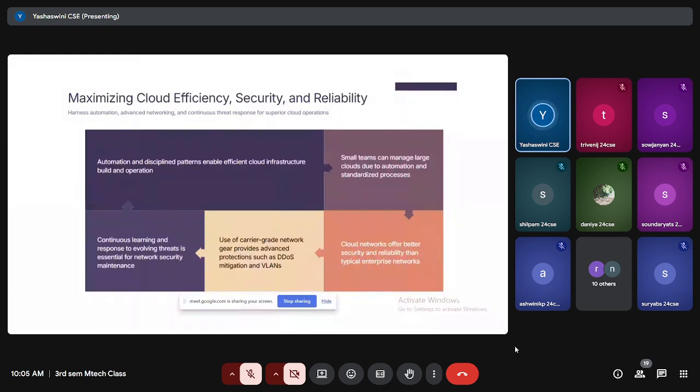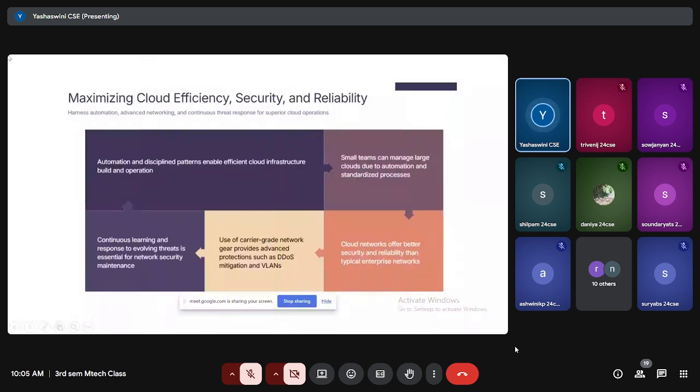One important thing is we can harness automation so that manual interference is reduced. We can go with advanced networking techniques in order to access the cloud. Then whenever we have any threats, there should be a continuous response, and we should be well aware of which cloud operations are affected.